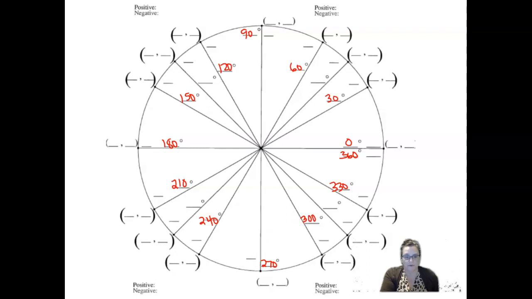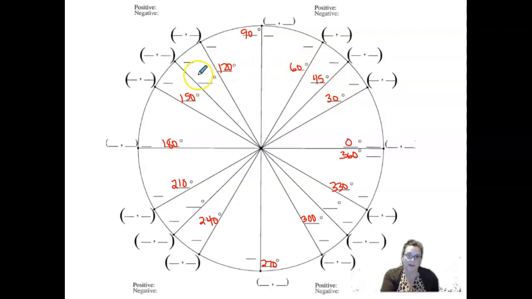Okay, now if we want to do the missing angles, the 4 that are missing, those are the 45s. And you can see that halfway between 30 and 60 would be 45 degrees, which is like taking 30 plus 15, right, to get to 45. 45 plus 15 gets you to 60.